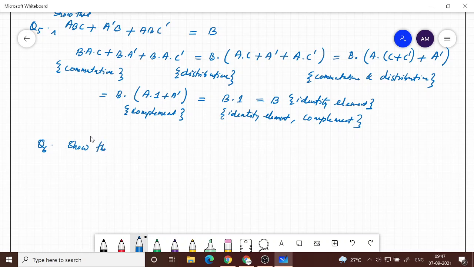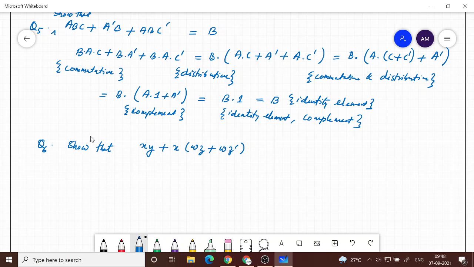Show that, let's do, x y plus x w dash plus w dash. Okay, I'm just dropping the dot here. Dots are there, dot is here, dot is here.